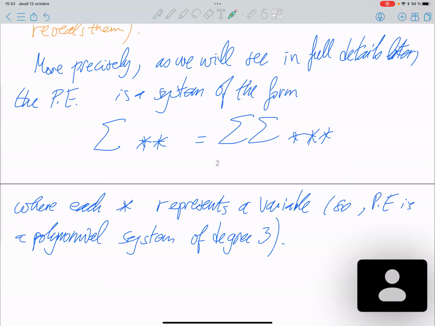So you will understand why I wrote this shape, this form. Here you have 3 variables, and on the left-hand side you have a sum of multiplication of 2 variables. On the right-hand side, you have a double sum of a product of 3 variables.